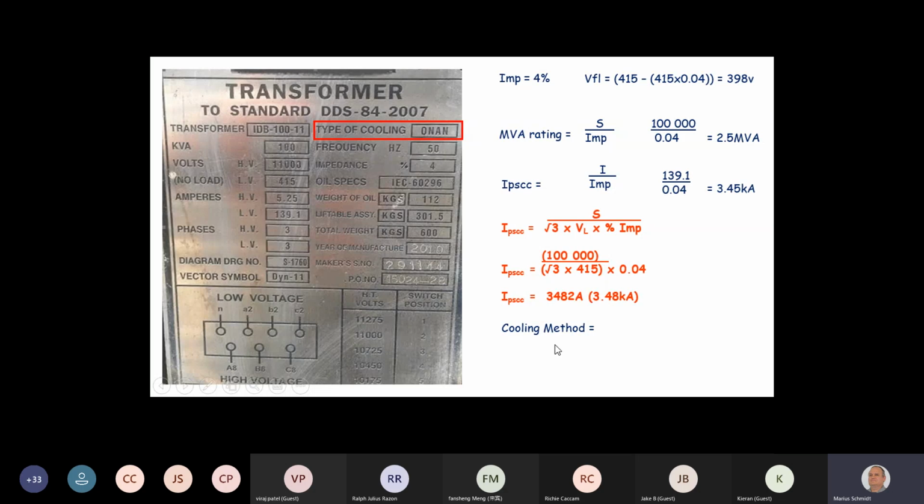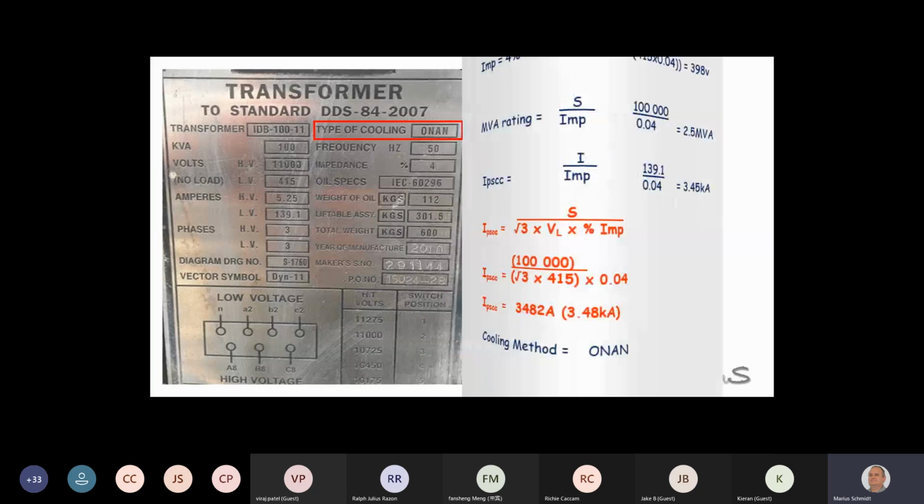Could you guys remember this from last week? The oil natural, air natural. Inside, outside. Yes, well done, Clayton. So, oil natural inside. Air natural outside. Inside, outside. Gentlemen, 1 mark.